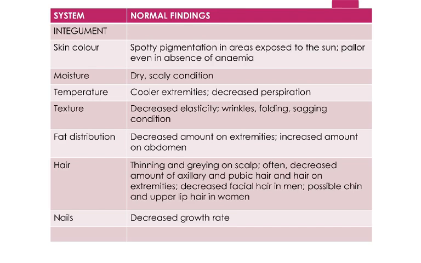And fat distribution, we can have a decreased amount of fat on the extremities and an increased amount on the abdomen. And this decreased fat on the extremities can lead us to an increased risk of pressure areas, which is why it's incredibly important to perform adequate pressure area care on your patients and do impeccable skin assessments on them.